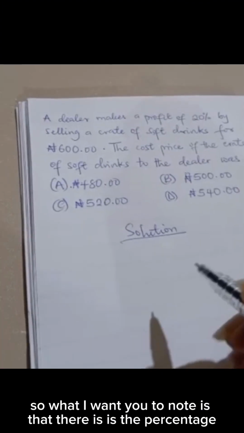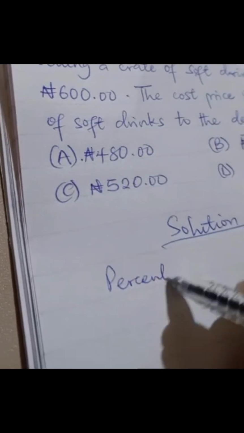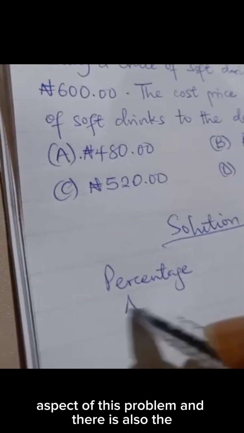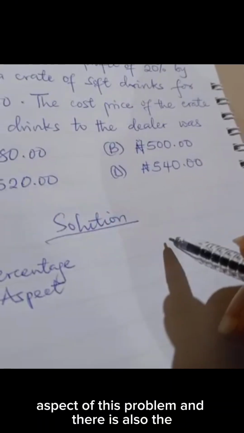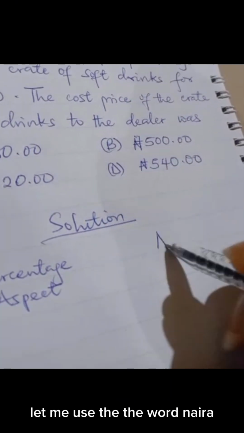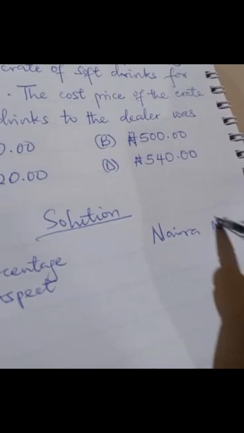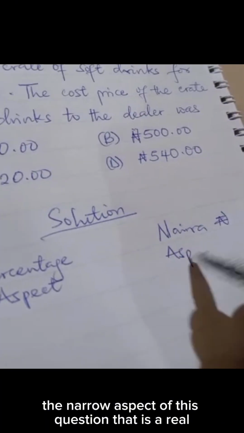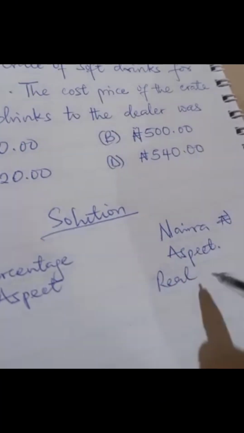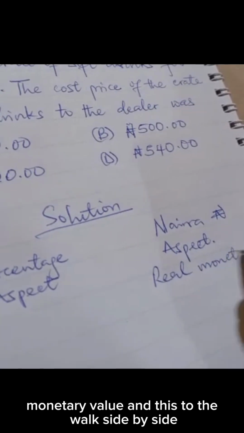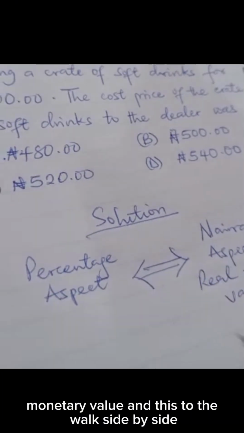So what I want you to note is that there is the percentage aspect of this problem, and there is also the naira aspect, the real monetary value, and these two work side by side.